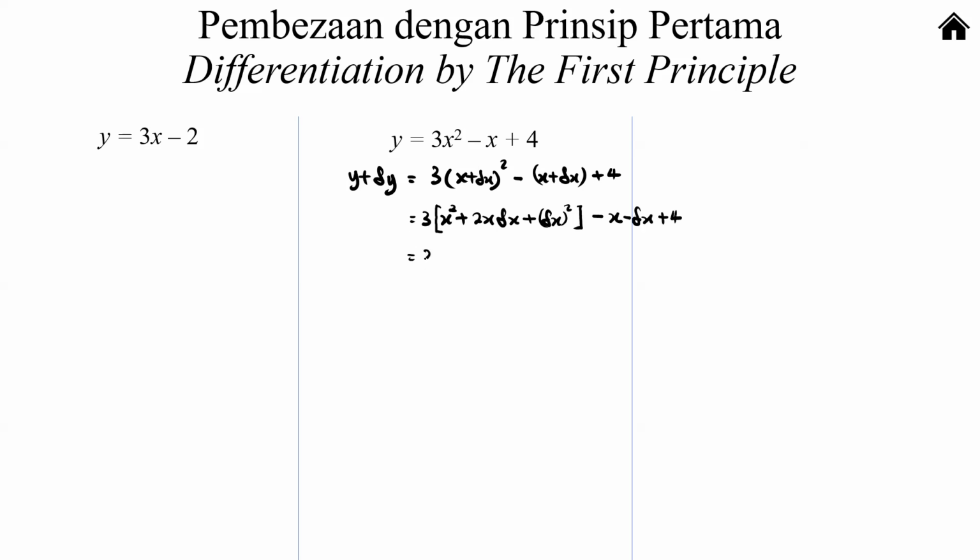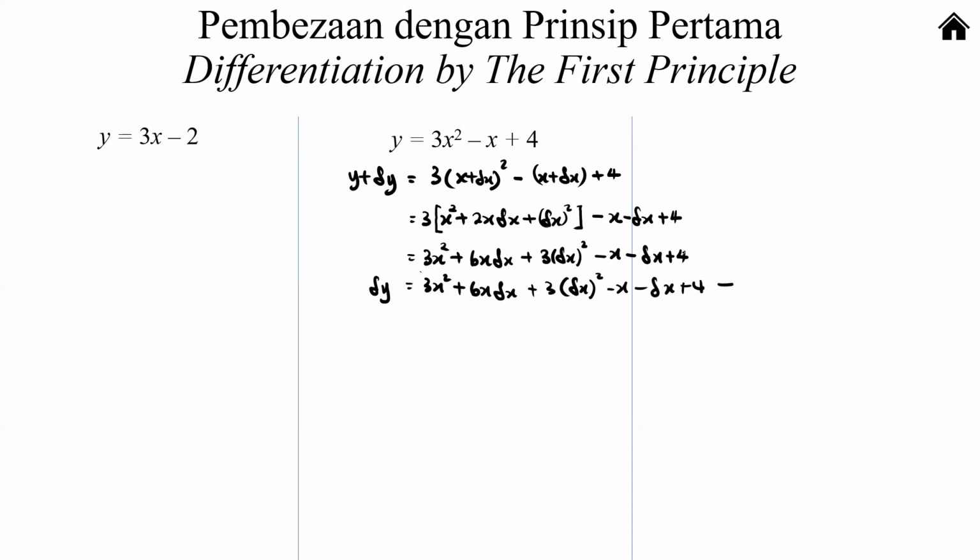Open up the bracket, we have 3x squared plus 6x delta x plus 3 delta x squared, and then minus x minus delta x plus 4. Bring the y over. So 3x squared plus 6x delta x plus 3 delta x squared minus x minus delta x plus 4 minus your original y.